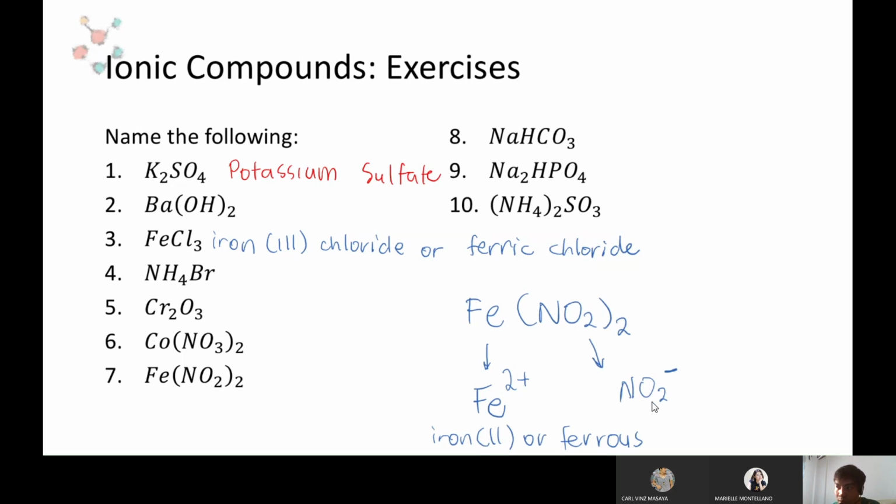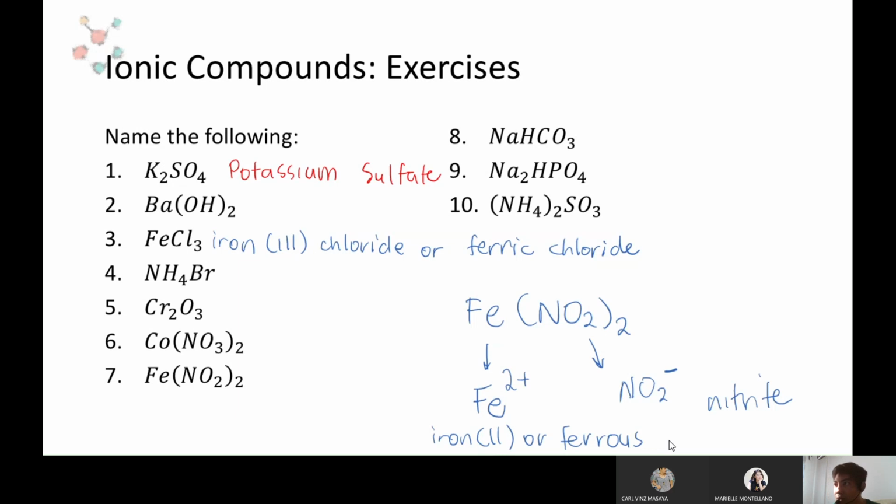Yung NO2 naman, tingnan nyo, anong pangalan kaya ng NO2 na yan? Diba ang common ay NO3? Since this is one oxygen less than the common, ang common ay NO3, ito ay NO2. So, ang pangalan niyan ay nitrite. No? So, nitrite yung pangalan niya.